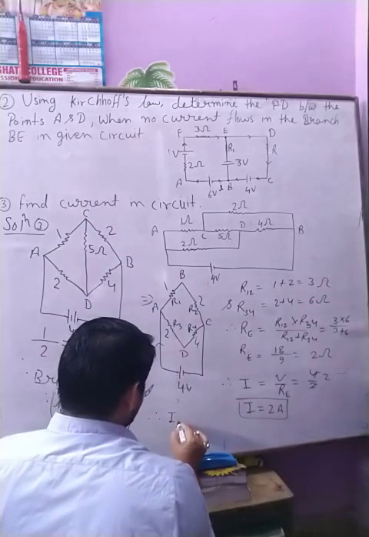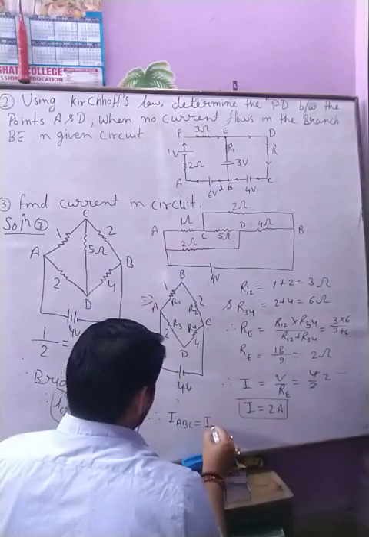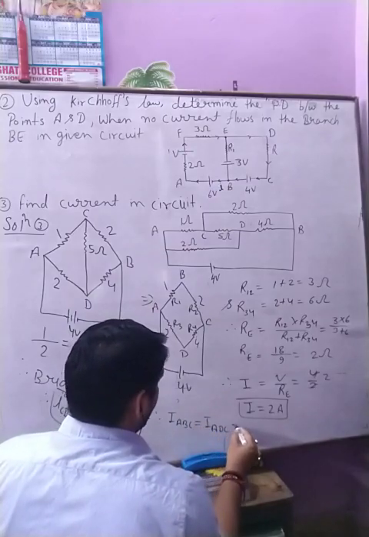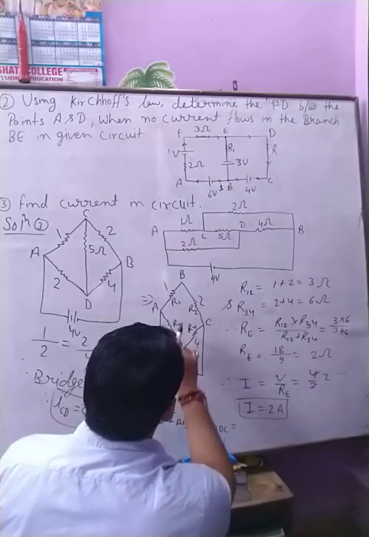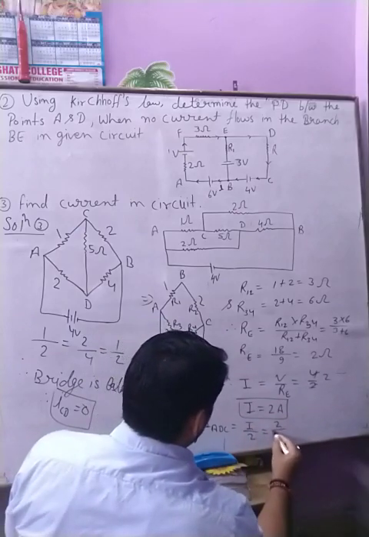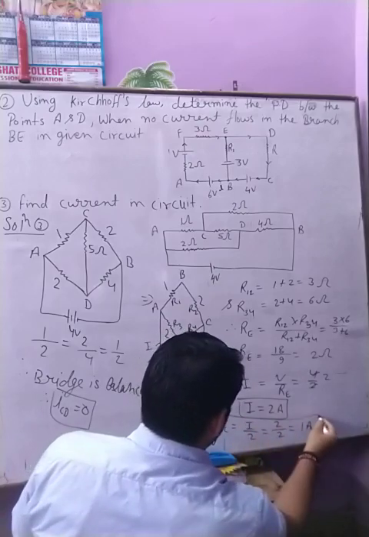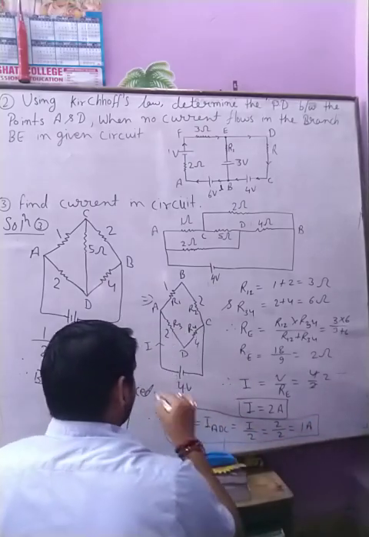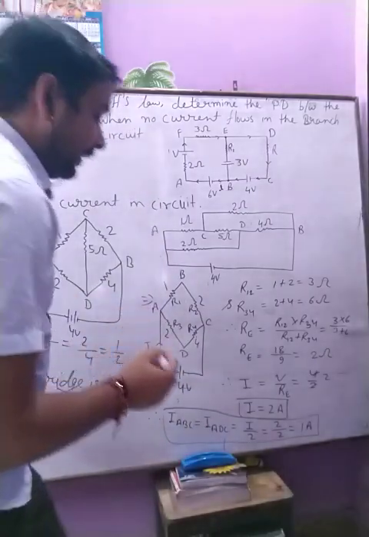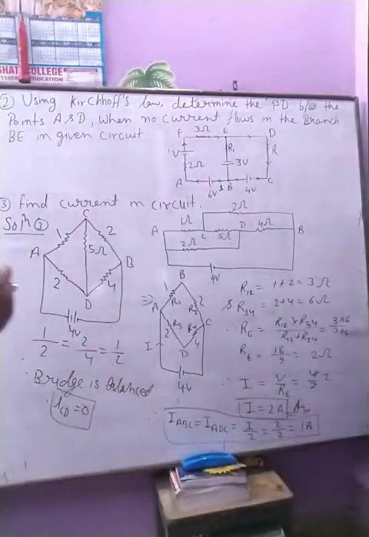Current in branch A, B, C and current in branch A, D, C are equal, and which is divided in two parts, I by 2, that is 2 by 2, which is 1 ampere. ये एक additional हो गया as the previous question, but your answer for this question is till this point.